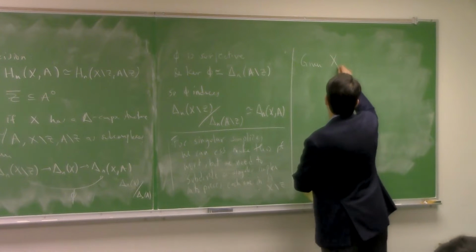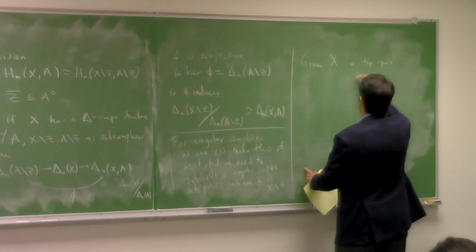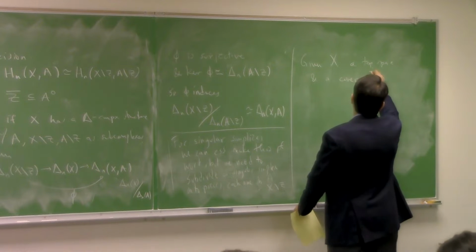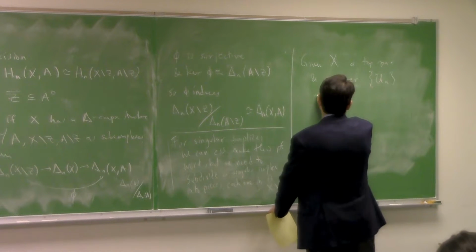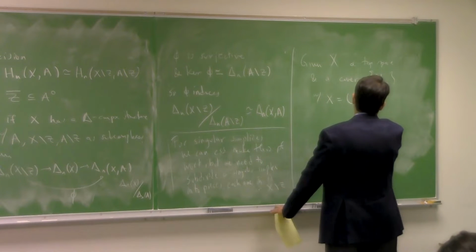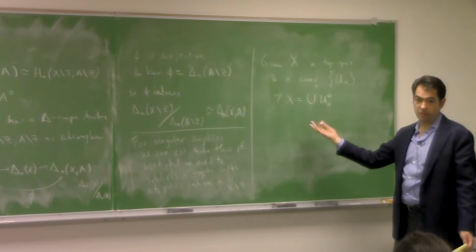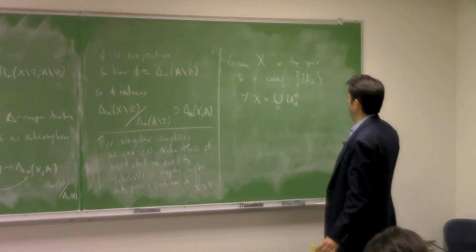Given X a topological space and a cover, say U alpha, with X equal to the union of the interiors. I'm not going to assume that they're open, just that the interiors cover. And I'm not assuming that it's finite or that this is compact.